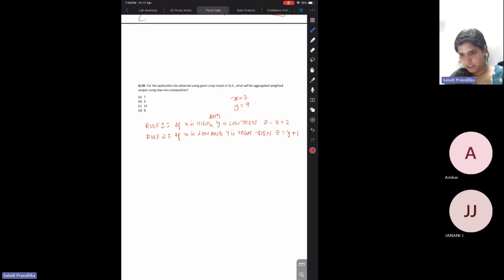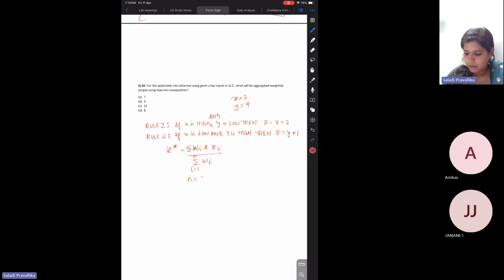Okay. Janani, any answer from you? Eight. Okay. Very good. Very good, Amber and Janani, both of you. So let's again do it the same way. We have Z star equal to summation of Wi multiplied with Zi divided by summation of Wi, where i goes from 1 to n.